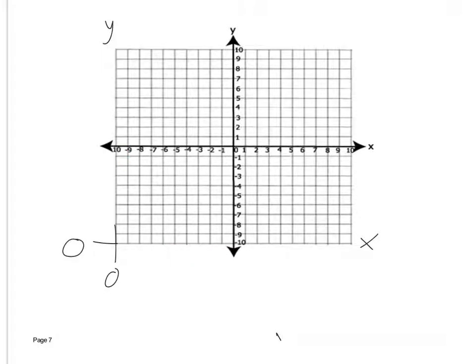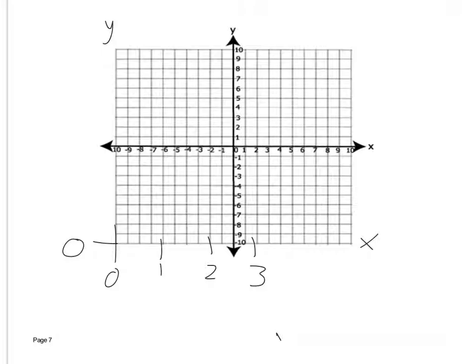I'm going to use this amount of space and not use any of this. So I'm going to make each line a fourth. And so every 4 lines is going to be 1. So a quarter, a half, 3/4. Here's 1. A quarter, half, 3/4. Here's 2. And there's 3. Now am I using more of this graph? Yes. It's also going to be spaced out a whole lot better.